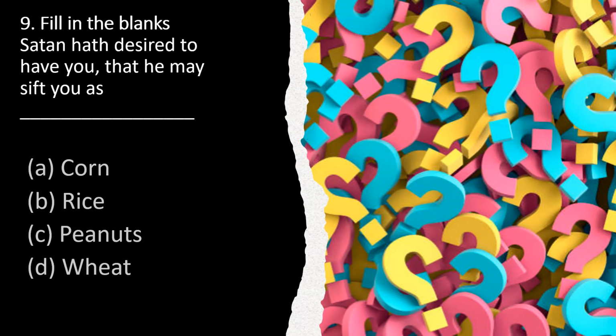A, corn, B, rice, C, peanuts, or D, wheat. So the answer is D, wheat.